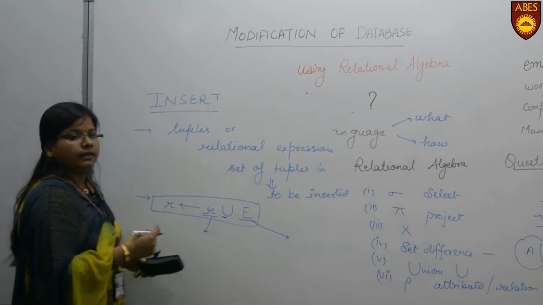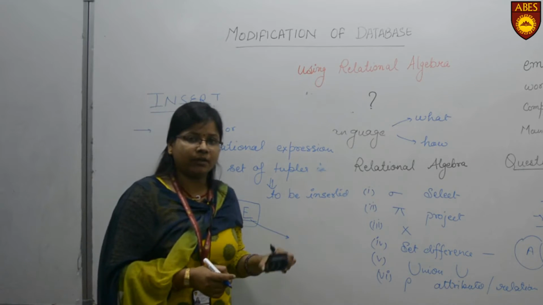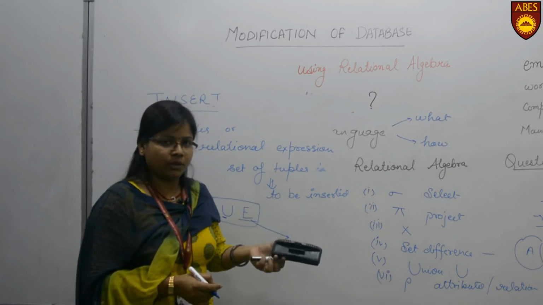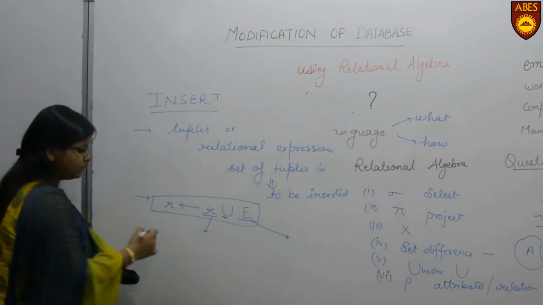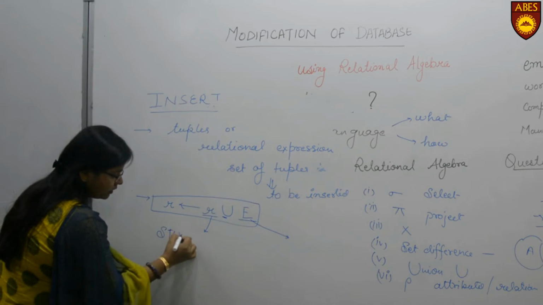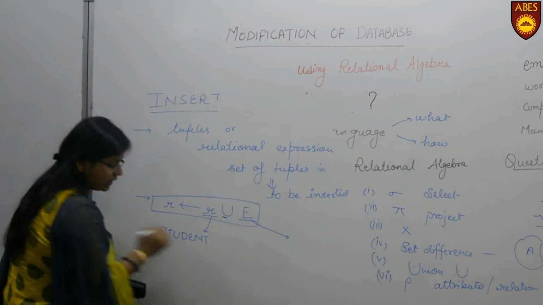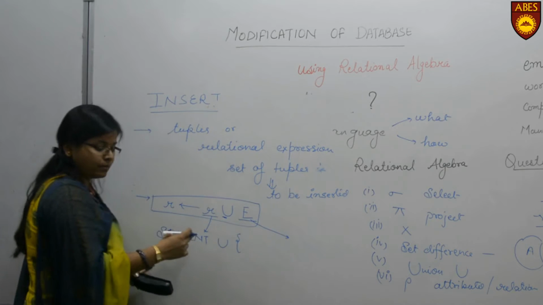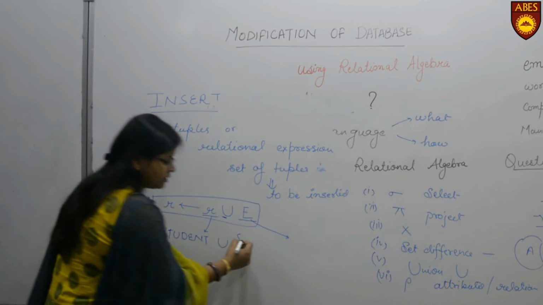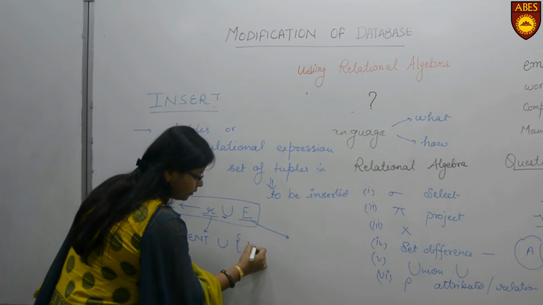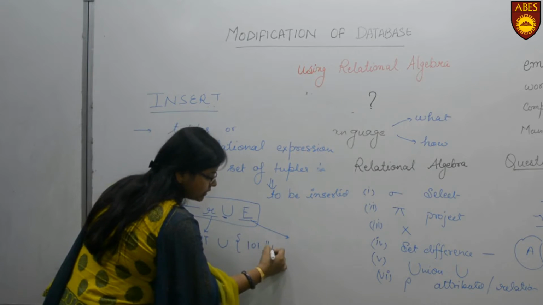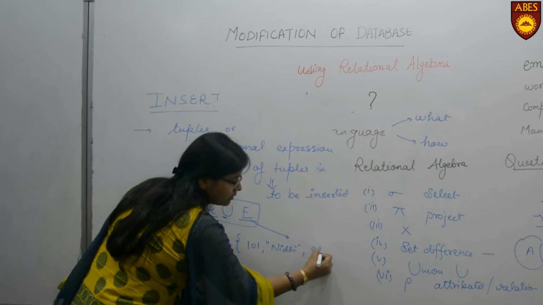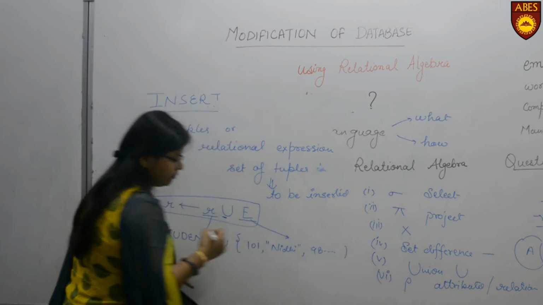If I want to insert a tuple in the student schema, and student consists of 3 attributes: roll number, name, and phone number, I simply write the student relation, that means the existing relation, united with the set of values in the order of the relation. First is roll number, so I'll write the roll number. Second attribute is name, so I'll specify the name after a comma. And third is phone number, then I'll write a 10-digit phone number.